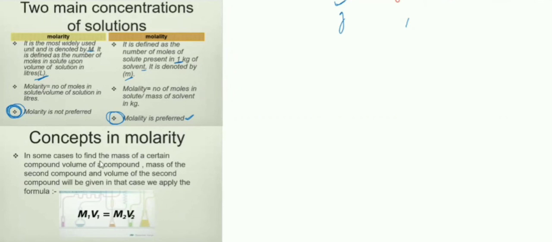Now, in some cases, to find out mass of certain compound, volume of a compound, and mass of the second compound and volume of the second compound, we can use this formula. That is M1 V1 is equal to M2 V2. This is also known as the formula for dilution.